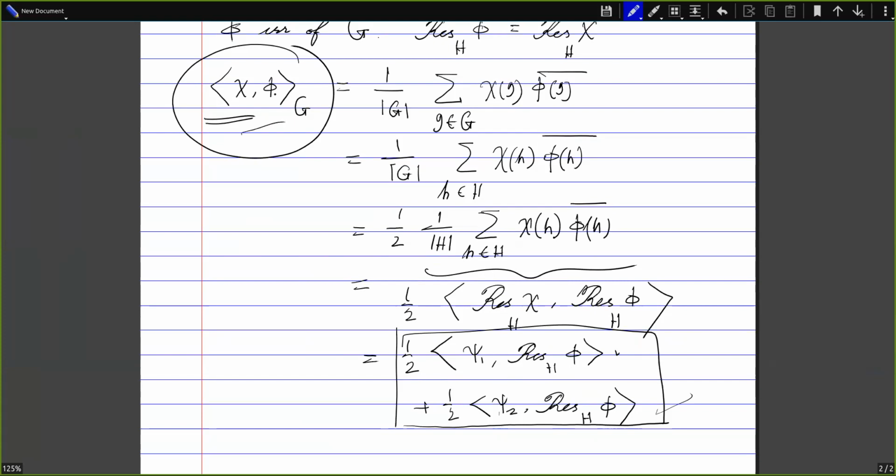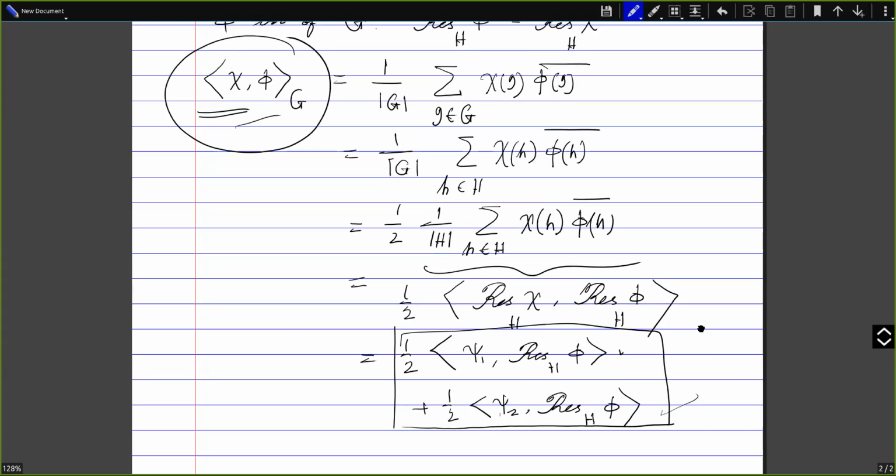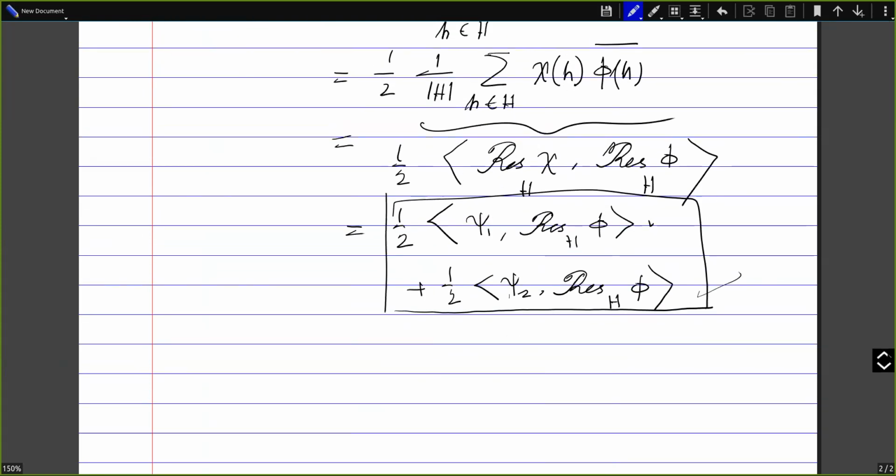Since both of them are irreducible characters of G, once they are non-zero, that means chi has to be equal to phi. So what this shows us is the following: if one of these terms is non-zero, what do you mean by that? Remember that this is a representation of H, and this is an irreducible character.